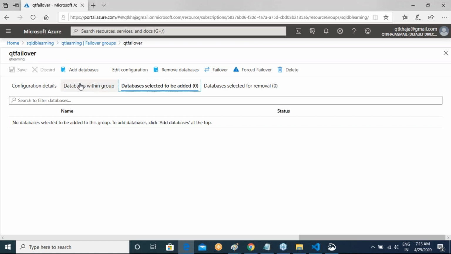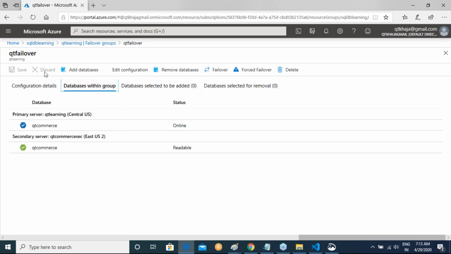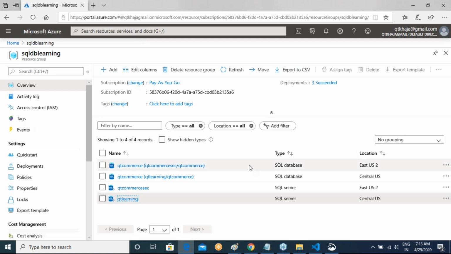Am I clear on this? Whenever any database goes wrong, the moment you add a failover group, the failover will become automatic. If you have geo replication, just geo replication will not make the failover automatic. On top of it, if you add a failover group, now you have made it automated.